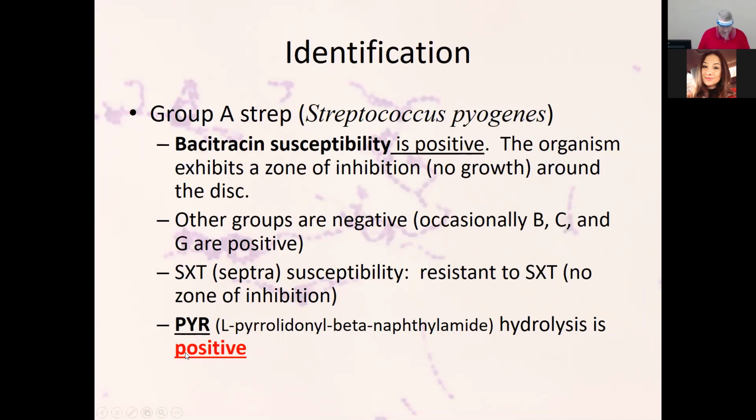All right, so we have to answer this question: what is PYR? It's in red. Who's helped me out there? Pyrrolidonyl beta naphthalamide hydrolysis is positive with this test.